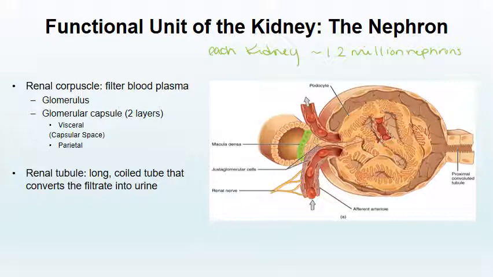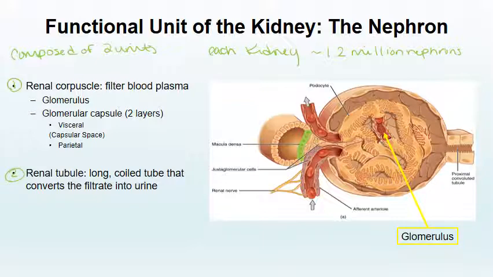So what is their anatomy? They are going to be composed of two units. One of the units is called the renal corpuscle and the other is called the renal tubule.